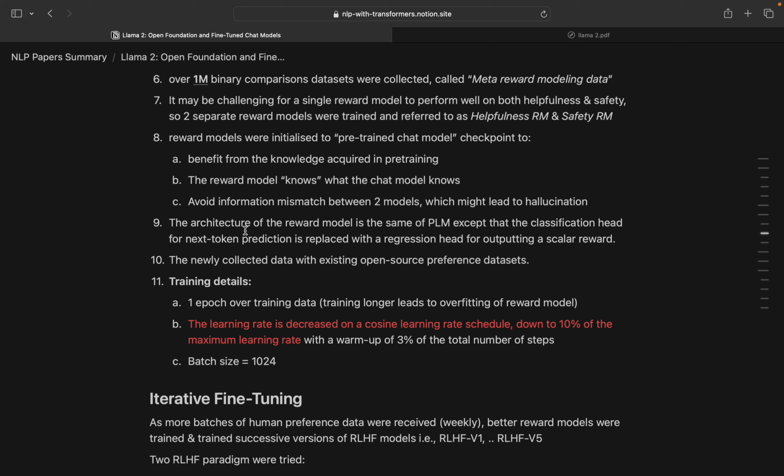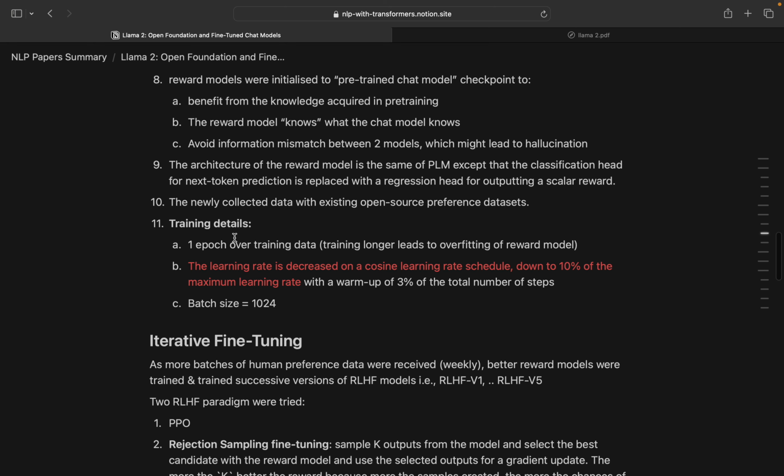So in this case, they have used the decoder model, the pre-trained chat model that is initialized, but they have replaced the next token head with a classification head, using which you get a reward score for the rejected or the selected outputs. In this way, they made use of a decoder as a classifier, and using it they have built 2 reward models.